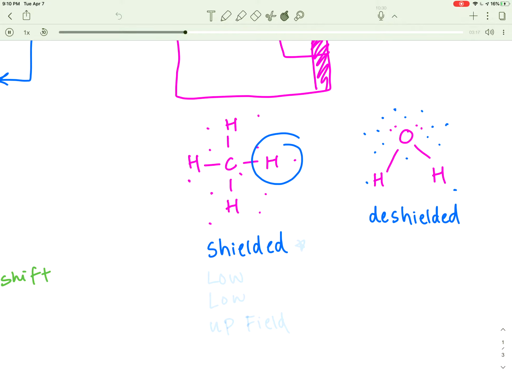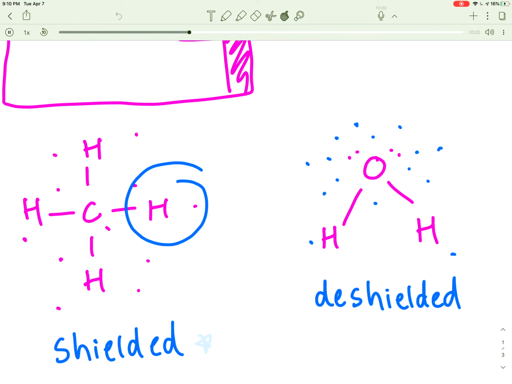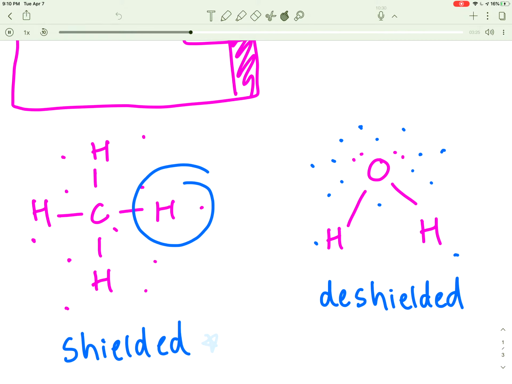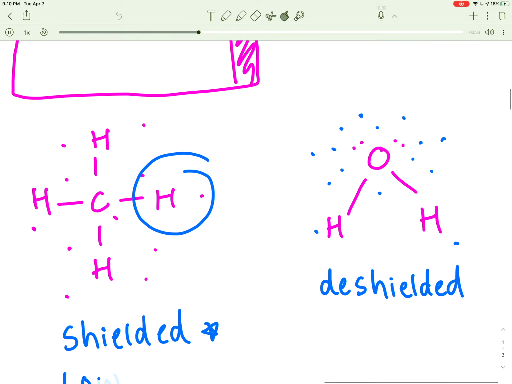Shielded means the electrons are still around the hydrogen. And again, just a quick quiz. If something is shielded, does that mean it's high frequency or low frequency? If it's shielded, should you expect high frequency or low frequency? And the answer is low frequency.